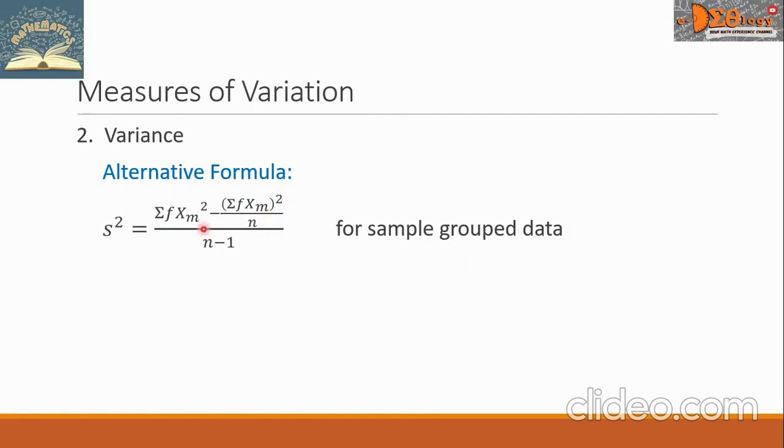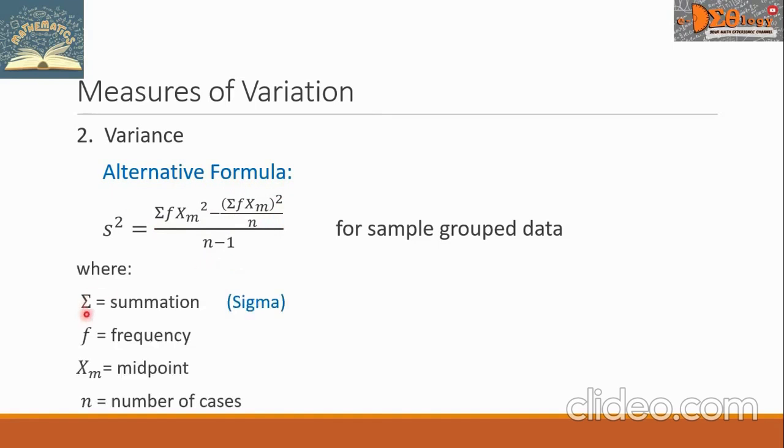And this big expression here is under the denominator n minus 1. This is the summation symbol, the capital sigma. F is for the frequency. X sub m is midpoint. And this n is the number of cases.